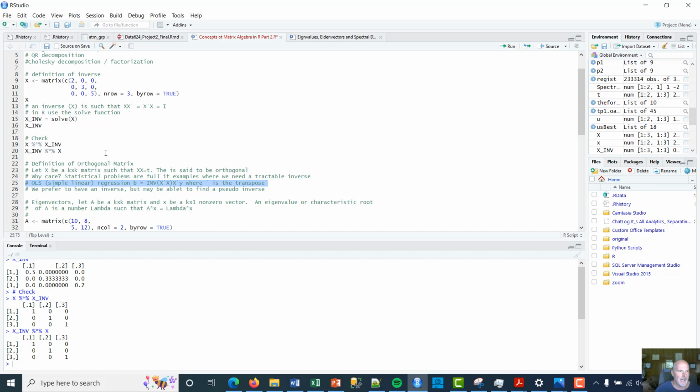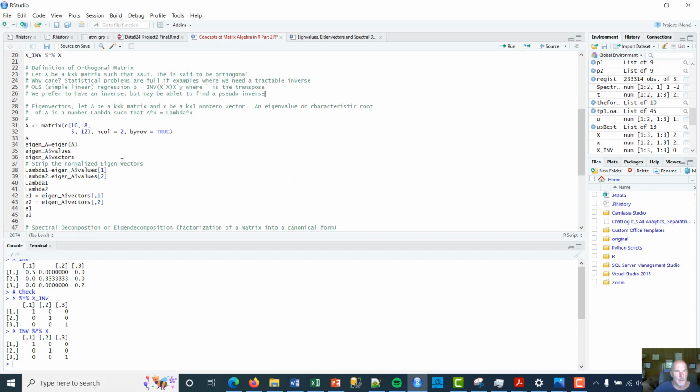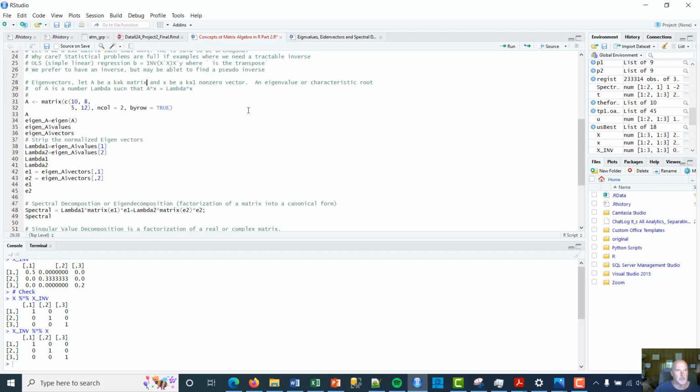We prefer to have an inverse, but if we don't, there are such things called pseudo inverses. We won't go into that, but it can cause problems if you can't create an inverse, and programs will fail sometimes due to that. All right, so eigenvectors.